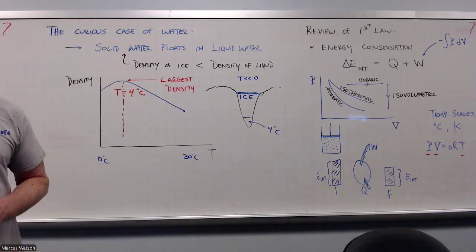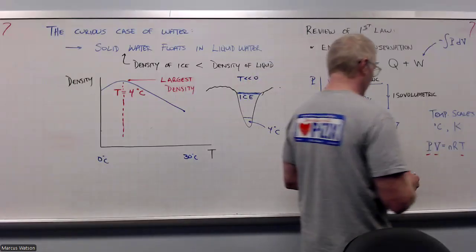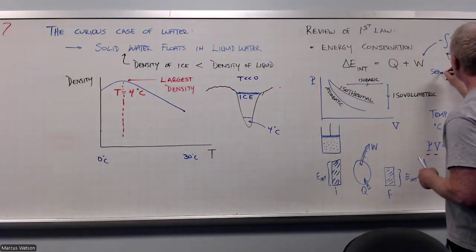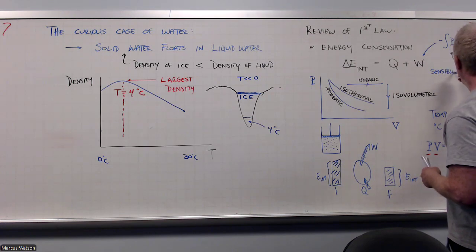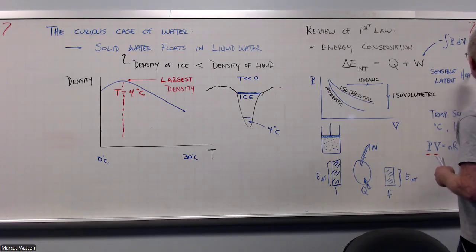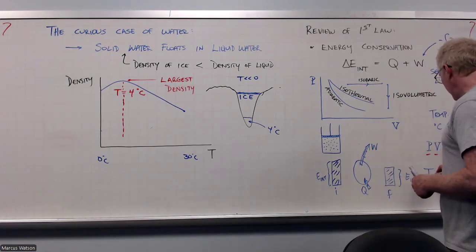What we had: temperature scales, thermal expansion. Oh, and we did, of course, sensible and latent heats as well. So sensible and latent heat, and then we just finished off the thermal expansion.